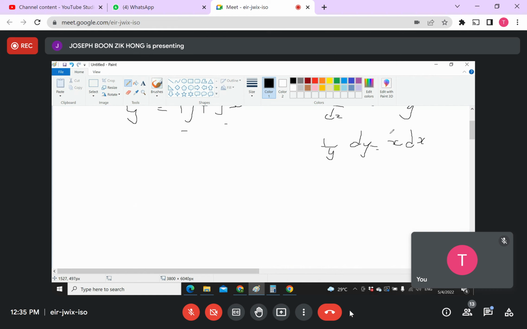I integrate both sides, I will have ln y equal to x squared over 2 plus c. Taking the exponential, I will have y equal to A e to the x squared over 2, because e to the power of c is A.